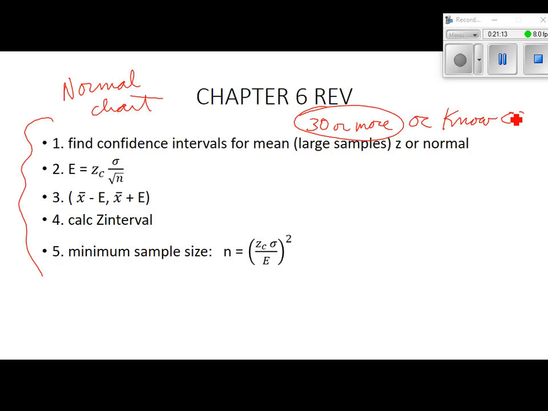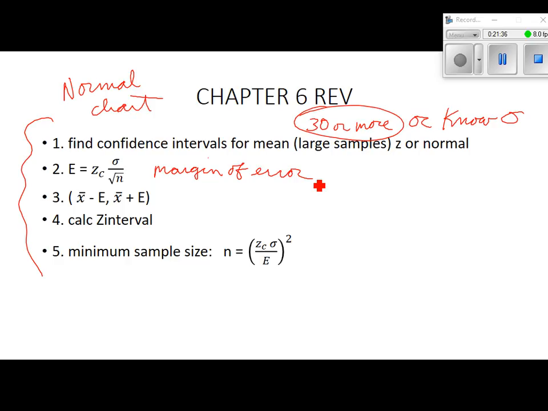What's E stand for? Margin of error, good. Remember your E, what you do with it. To get your low end of your interval, you subtract the E from the X bar. To get your high end, you add E to the X bar.